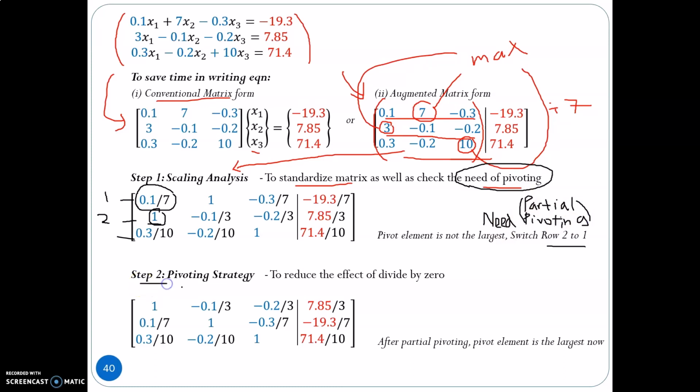In the second step, we perform the pivoting strategy to reduce the effect of divide by 0. So in this case, we switch 2 to 1, 1 to 2. Then you obtain this result. Now you can see that the maximum element is 1 compared to the other rows. So the partial pivoting is successful.